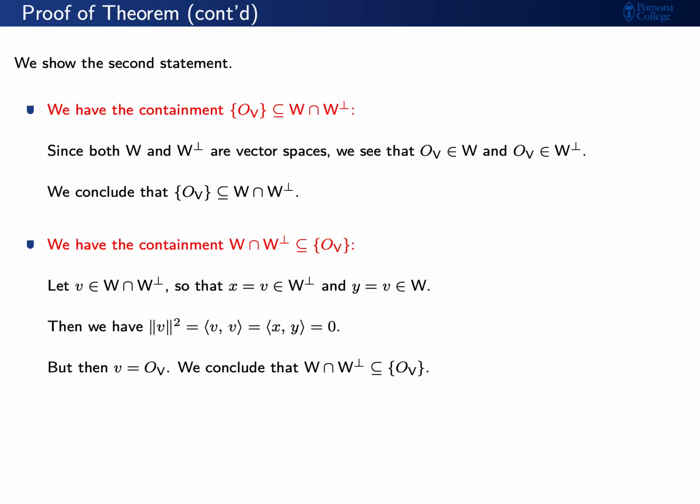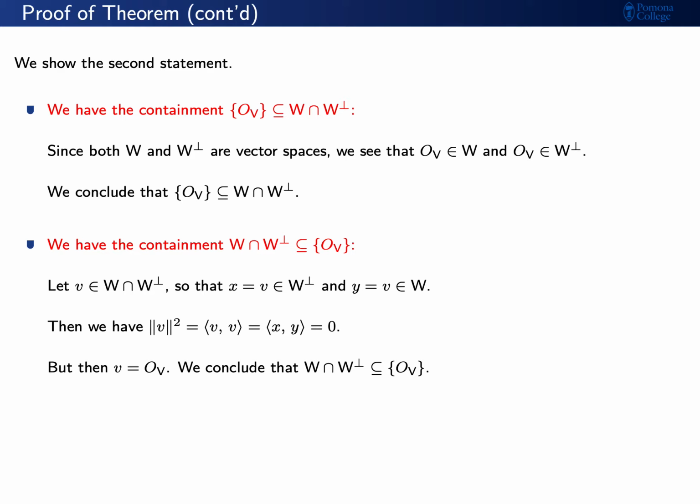To this end, let's say that a vector v is in the intersection. Well, first we can denote x as v. This is in W perp. And let's denote y as v. This is in W. But now the square of the norm of v is just the inner product of x with y. Again, we've just chosen x to be v and y to be v, which is 0.